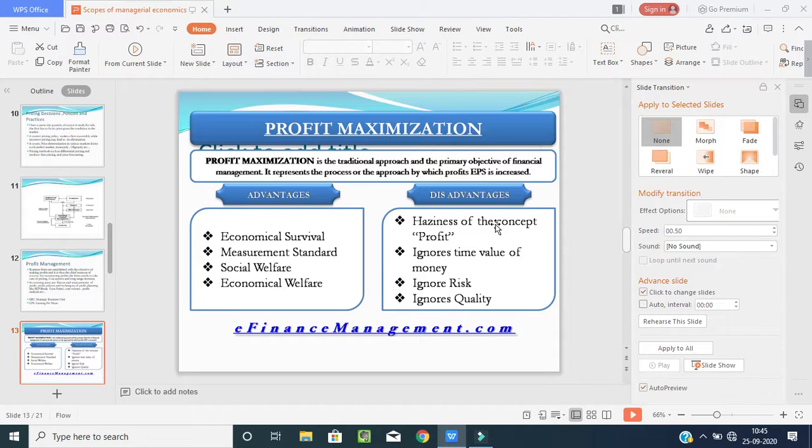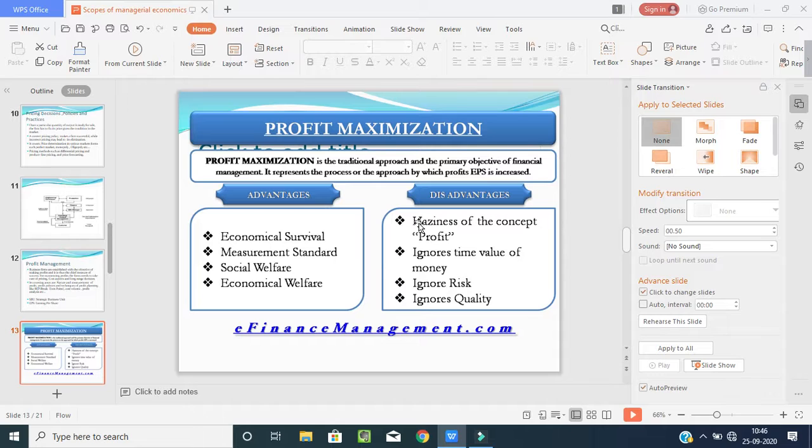If you come to the disadvantages, we have haziness of the concept. Profit ignores time value of money, ignores risk, ignores quality. All these things are there, and you have to be careful with this. That means a company manager should take care. He should know what the advantages and disadvantages are.